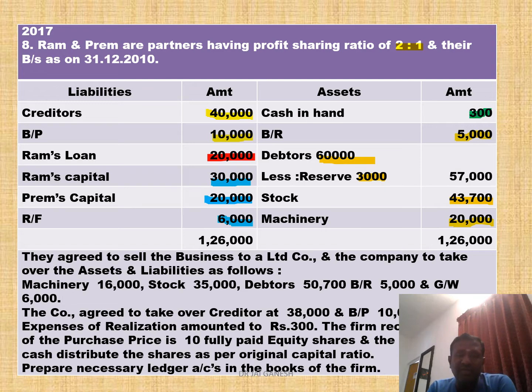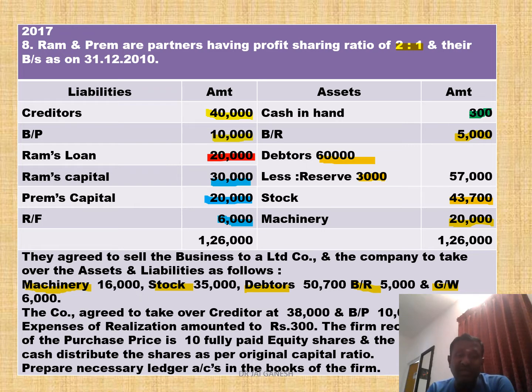They agreed to sell the business to a limited company and the company to take over the assets and liabilities as follows. What are the assets and liabilities taken over? Machinery 16,000 taken over. Stock 35,000 taken over. Debtors 50,700 taken over. BR 5,000 taken over by the company, and then goodwill 6,000 taken over by the company. So totally 5 assets are taken over by the company, including an additional asset called goodwill.